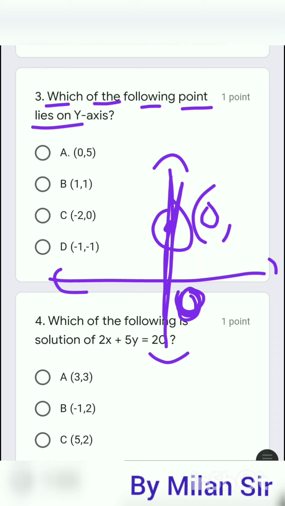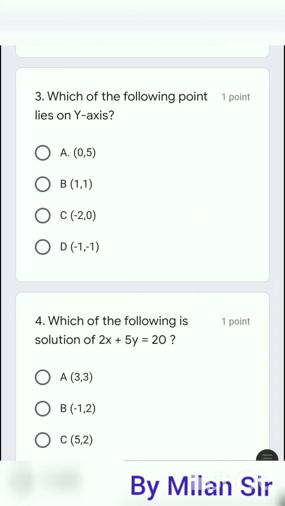So on the y-axis we have x coordinate 0. The y coordinate can be any number, but one condition is that our x coordinate is always 0.